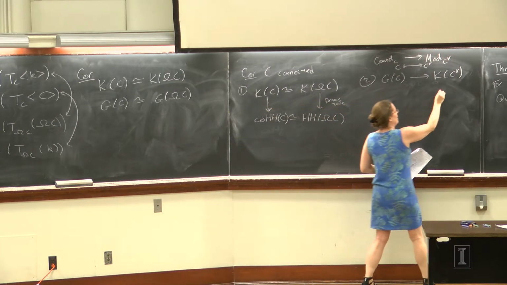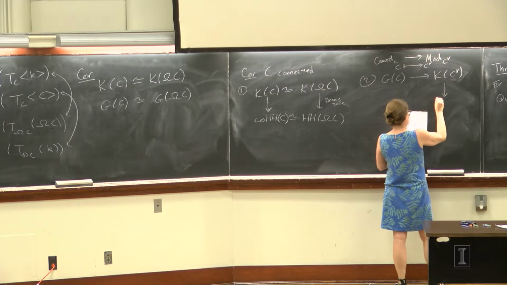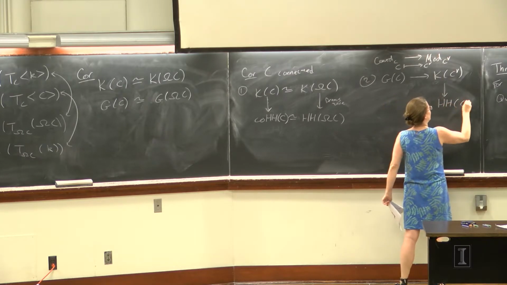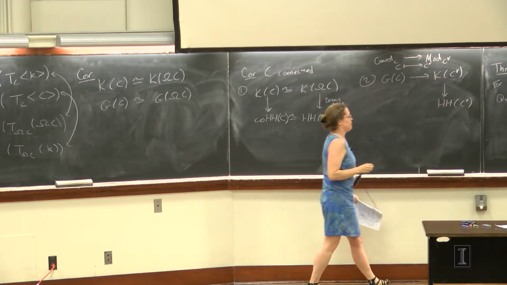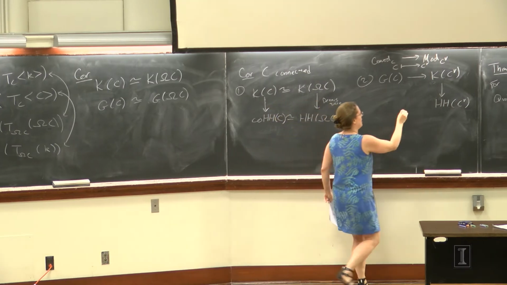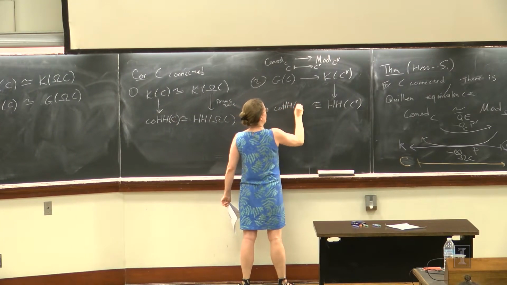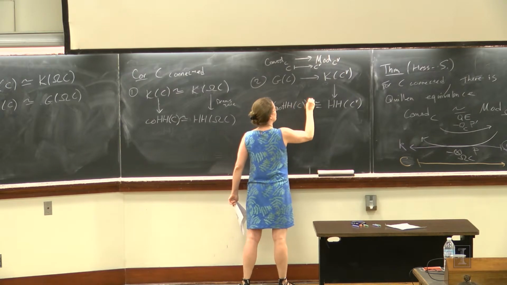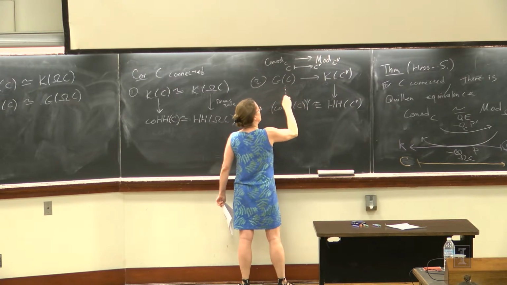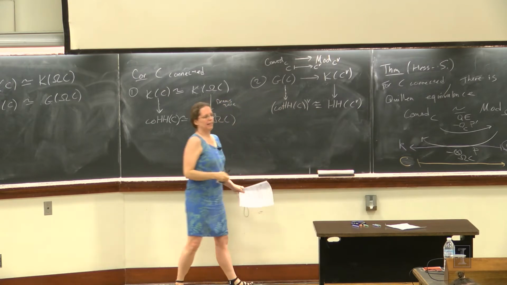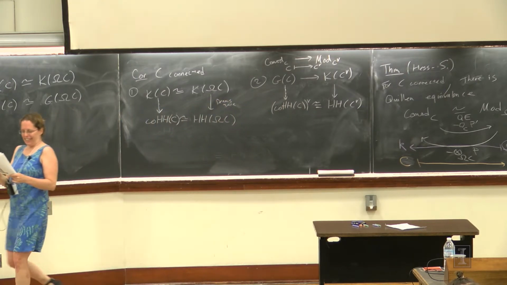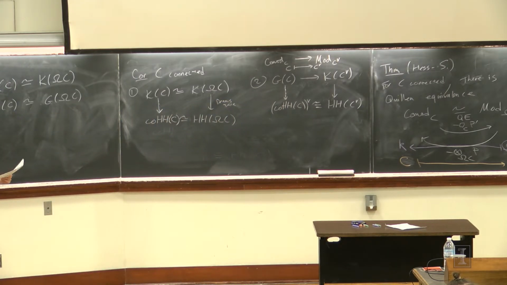Again applying the classical Dennis trace, we get a map to the Hochschild homology of the dual, and that is isomorphic to the dual of the co-Hochschild homology. So again, we get a resulting trace map.